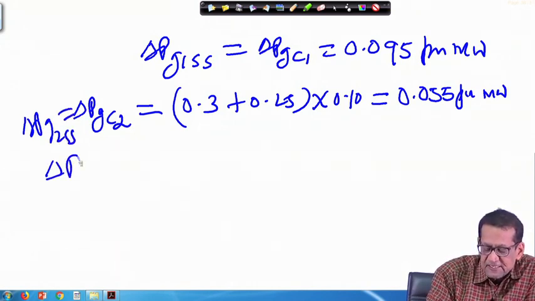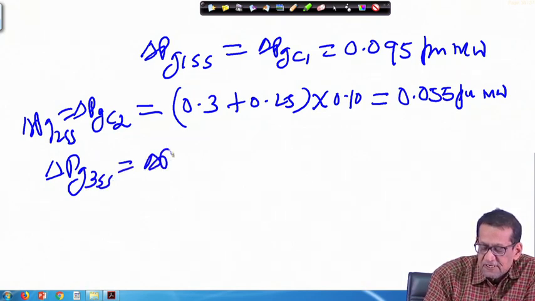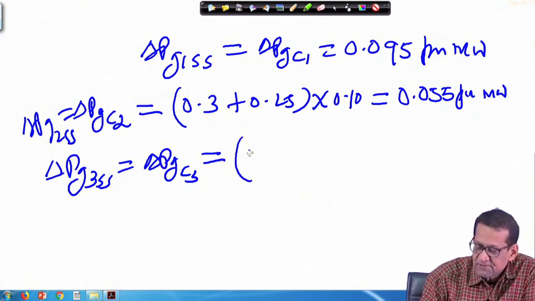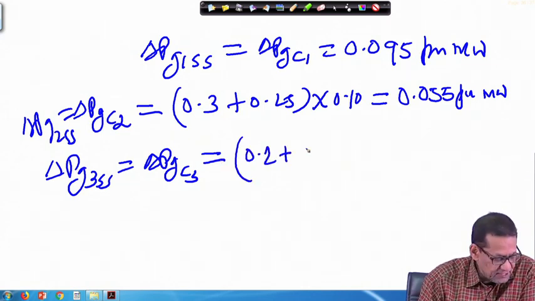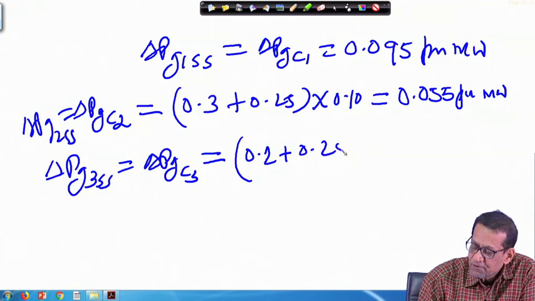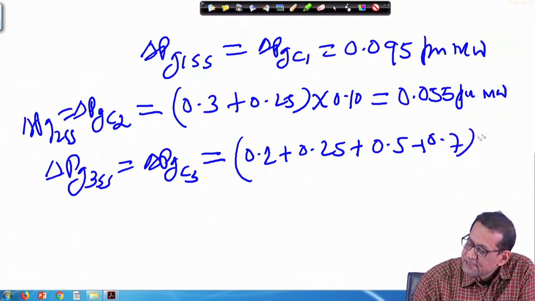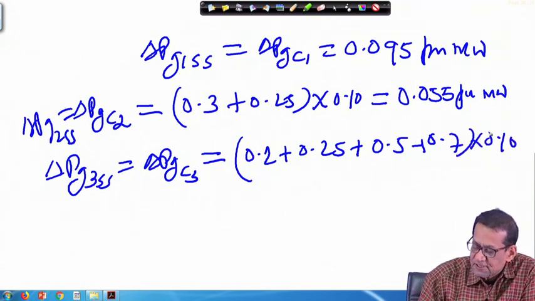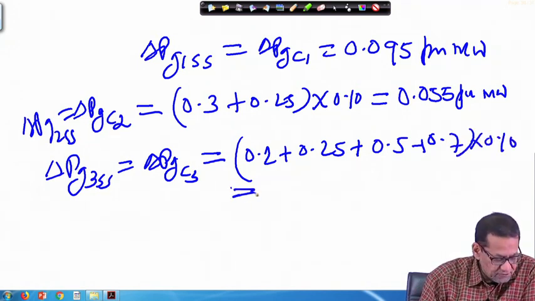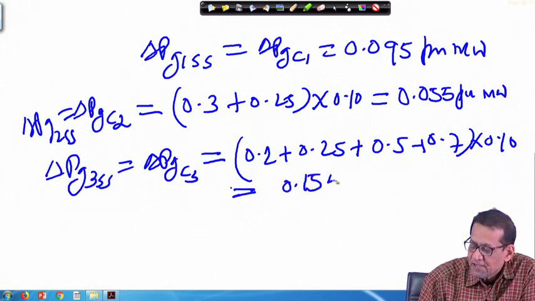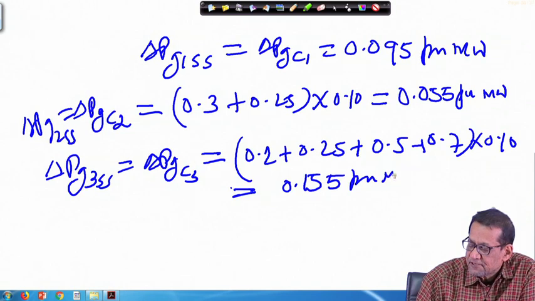Similarly, delta PG3 steady state is equal to delta PGC3. In a similar way you can calculate: 0.1 plus 0.25 plus 0.5 plus 0.7 into 0.10, which comes out to be 0.155 per unit megawatt.